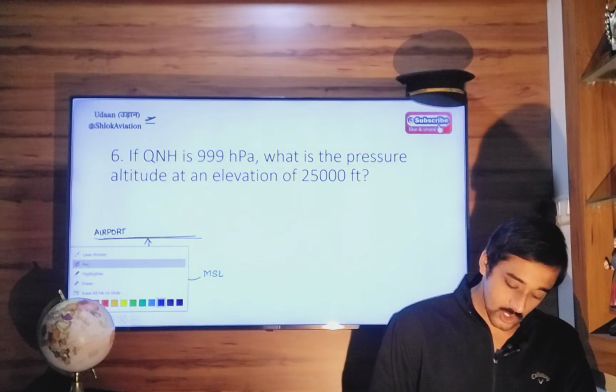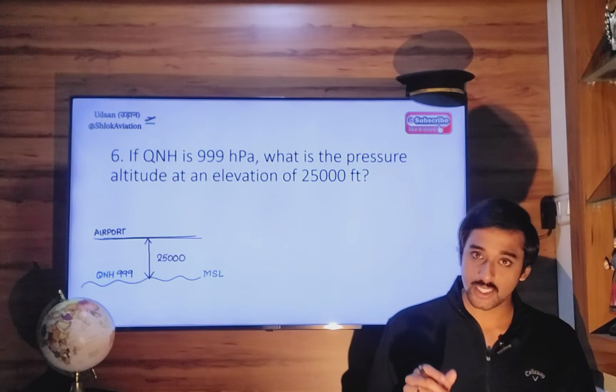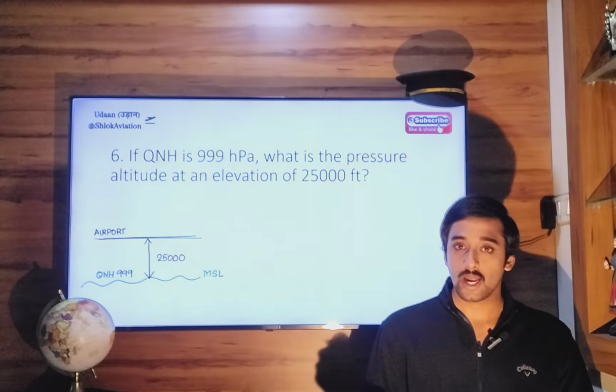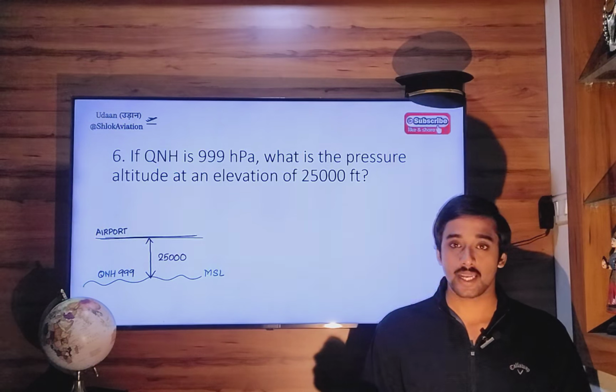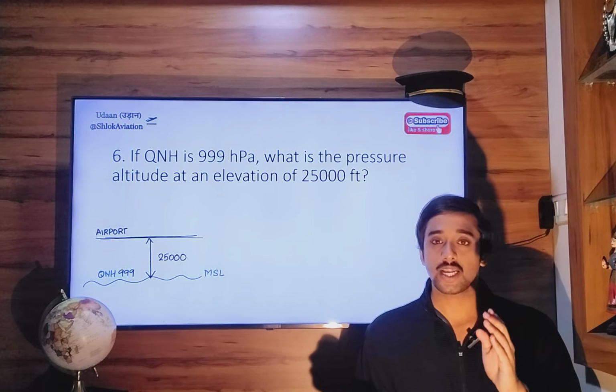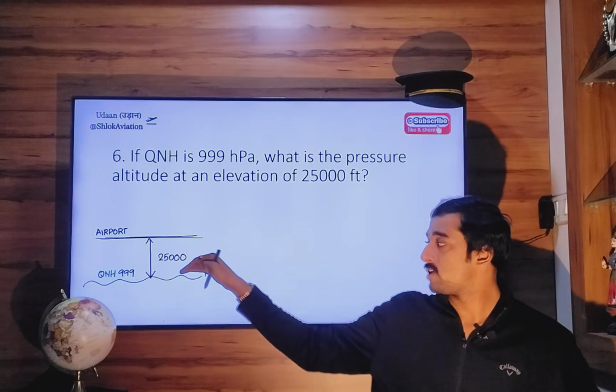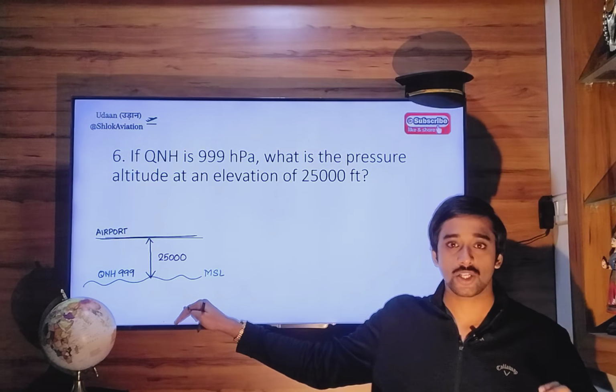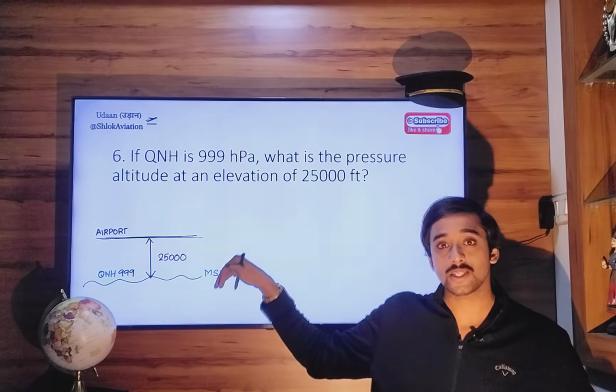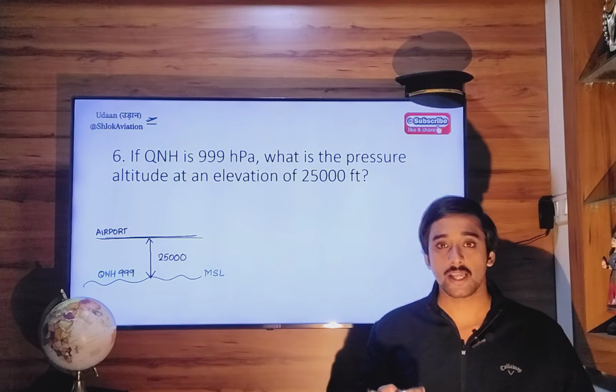Now pressure altitude is always measured from standard pressure setting 1013. Now look at the QNH value. It's 999. So the standard pressure setting 1013 pressure level will be below the QNH pressure level, because as you go down to the center of the earth, atmospheric pressure increases.